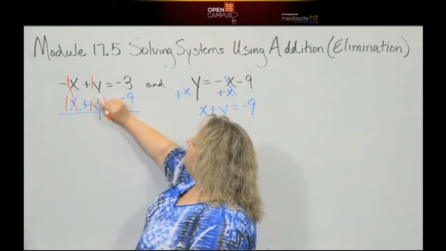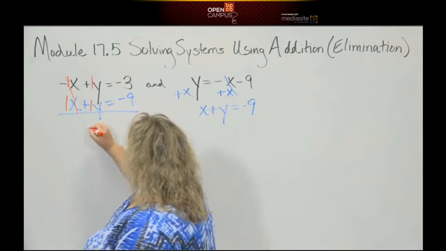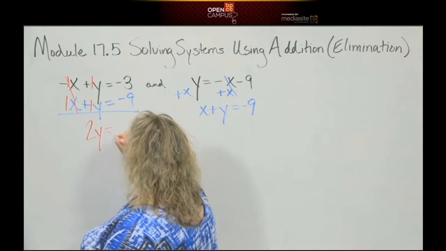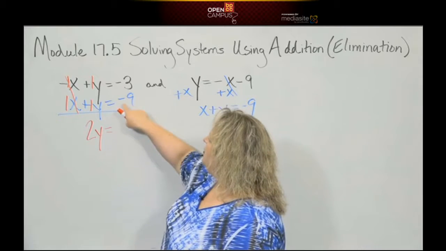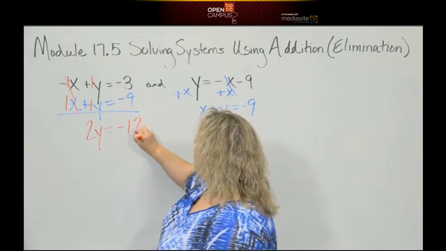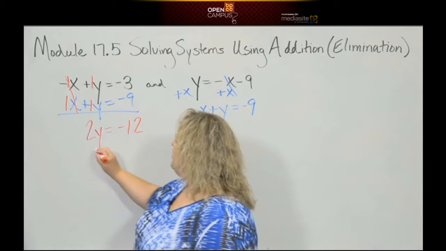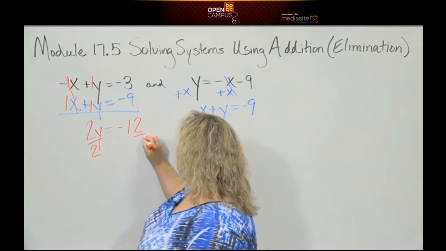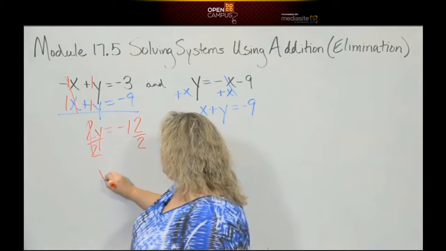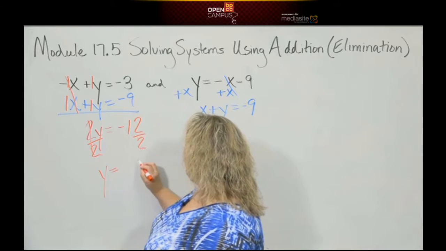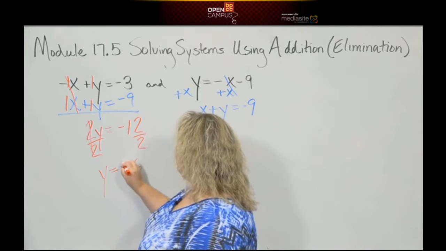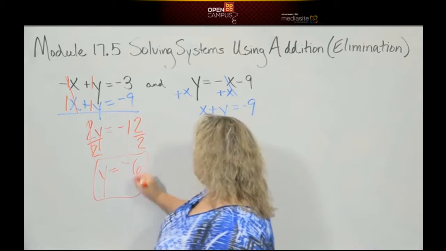And then you add the y's together. 1 plus 1 makes 2. So that's 2y. And then you have a negative 3 plus a negative 9 gives you a negative 12. Okay? So you divide by 2 to get the y by itself, and you get y is equal to 12 divided by 2 is 6, and the signs are different, so the answer is negative 6.